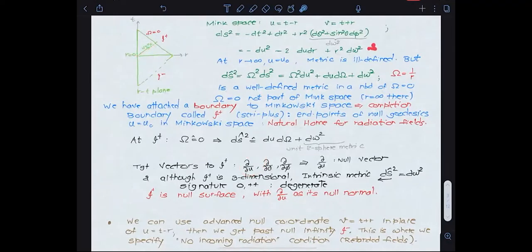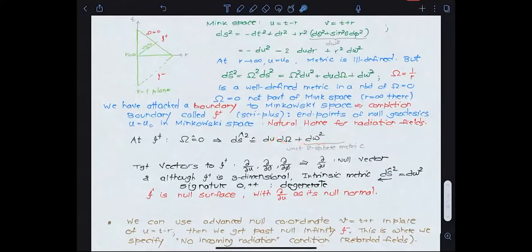My coordinates are omega, u, theta, phi, and omega equals 0, so I have these 3 coordinates, u, theta, phi. And this vector d by du is a null vector because you can see explicitly from this metric that if I just move along the du direction, I don't get any contribution.